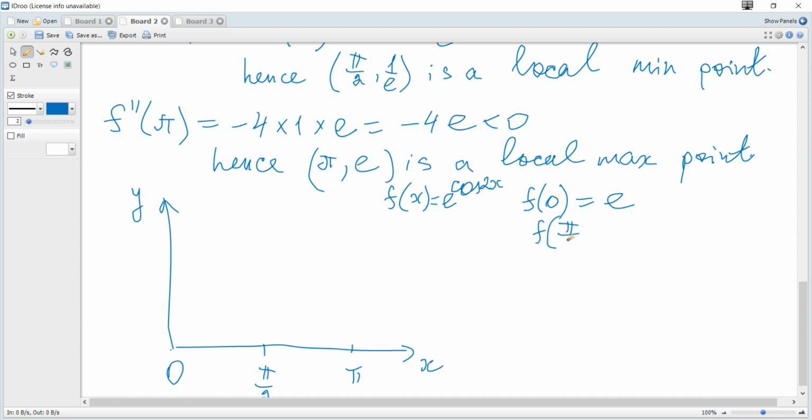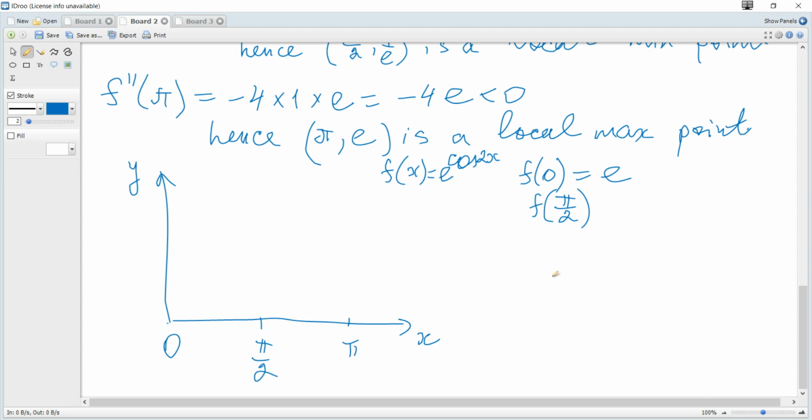The function at pi over 2 can be easily calculated, so we can calculate this midpoint. It becomes e to the negative 1, or 1 over e, and the function at pi is cosine of 2 pi, it's also e.